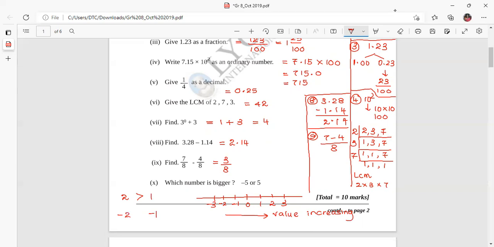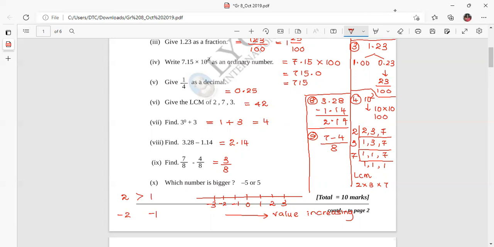You just look at the number line. 2 and 1, we know that 2 is bigger. So when you are thinking about a positive number, the number which is going away from 0 will be the bigger number. When you're thinking about the negative numbers, the digit which is closer to 0 will be bigger.